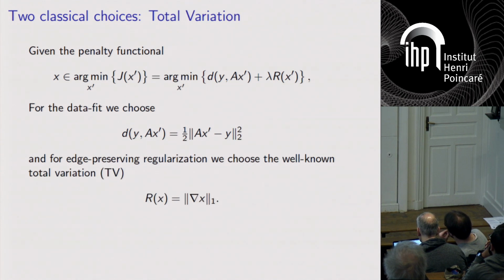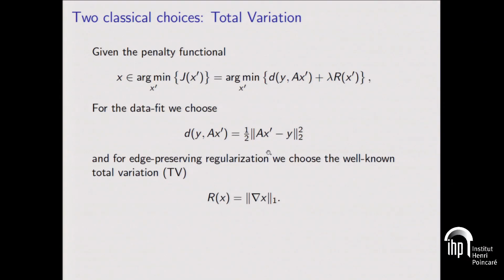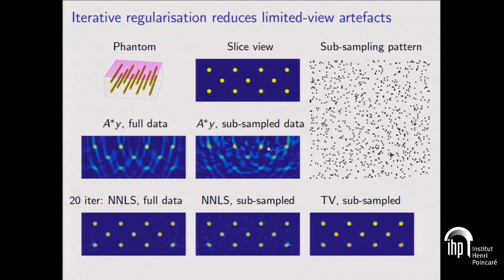Or the a priori mentioned total variation function, for which you need to solve iteratively for the proximal operator. So to convince ourselves how far we can get with iterative regularization using non-negative least squares and total variation.